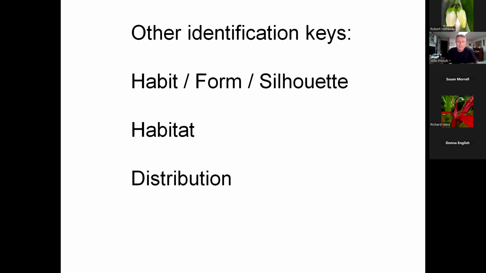For instance, swamp chestnut oak will grow in the lowlands, and on the mountains you have chestnut oak, in dry xeric areas. The distribution also is very helpful in identification. You can look that up on Bon App or some of the other services.